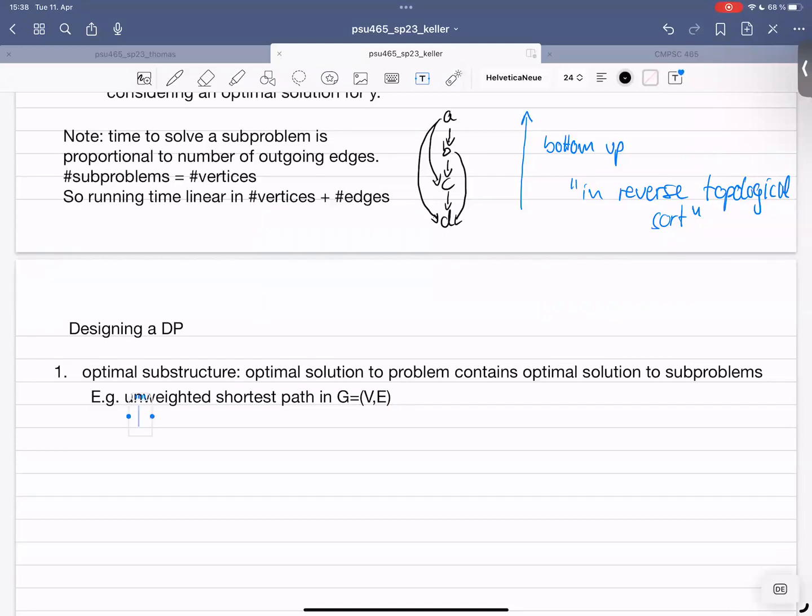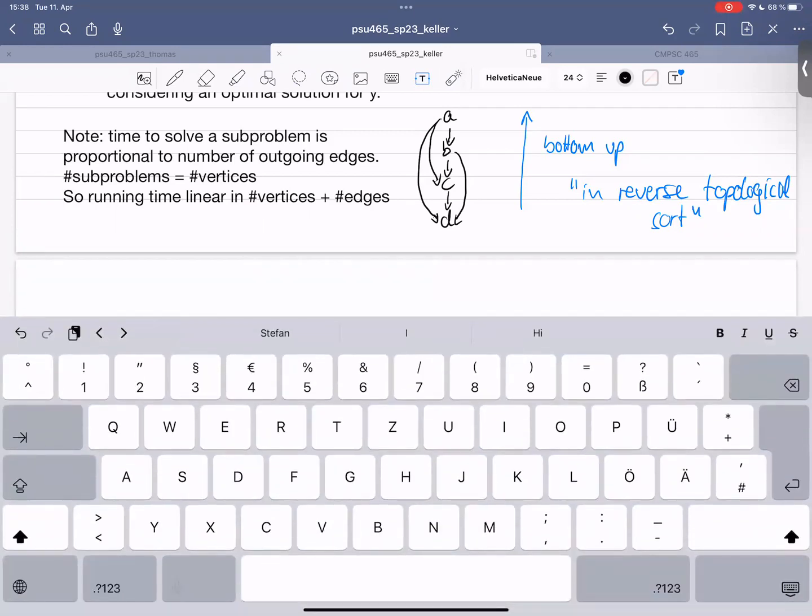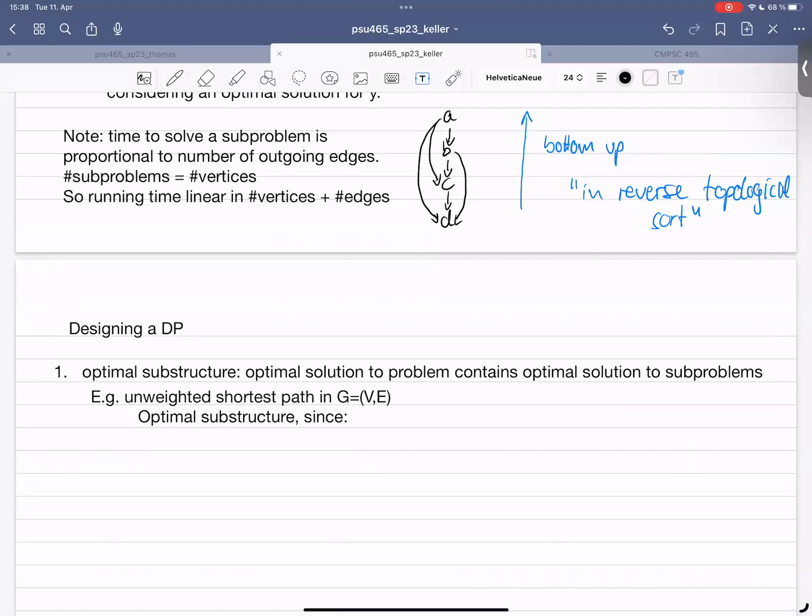So let's see why, or exactly what that means. Let me write down the shortest path from a vertex U to a vertex V. So if I call this shortest from U to V, let's write it down like this.